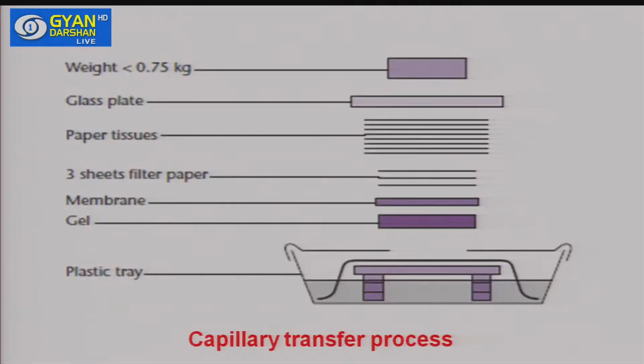So if there is significant complementarity, the probe will be able to bind to the gene of interest which is present in the fragmented genome. And thereafter, you need to develop it. You need to expose it to X-ray film, develop it, and go for autoradiography.